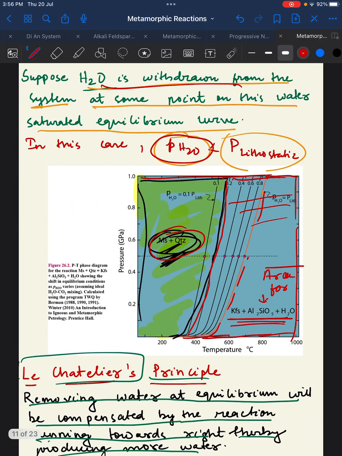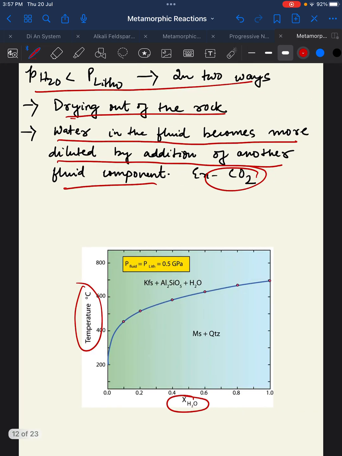As we had discussed, in the earlier diagram we had temperature and pressure. So the temperature of the isograd is sensitive to the partial pressure of the volatile species, so we use an alternate diagram. This is a Tx diagram.